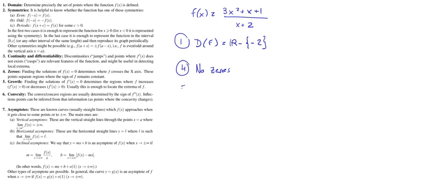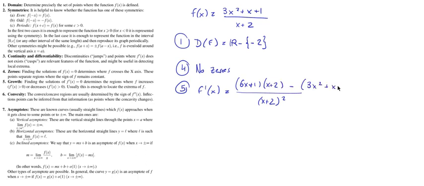Now about growth, let's compute the first derivative. The first derivative is going to be, over x plus 2 squared, the derivative of the numerator, which is 6x plus 1, times x plus 2, minus 3x squared plus x plus 1.